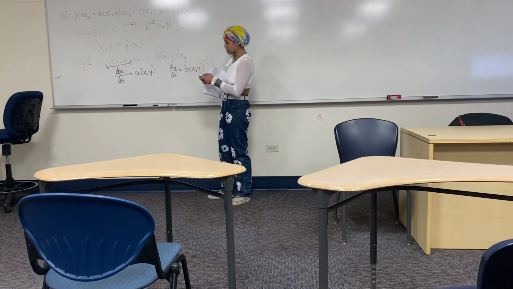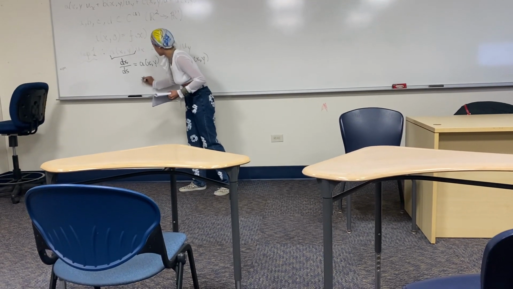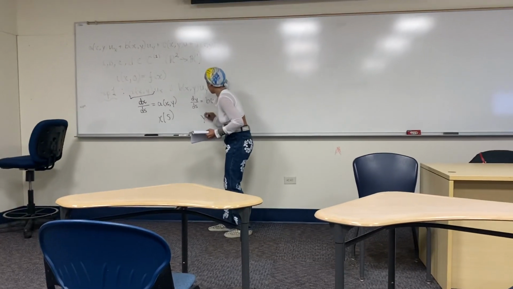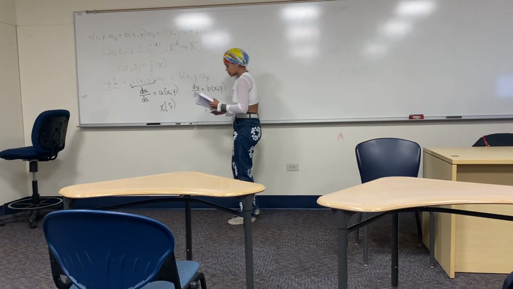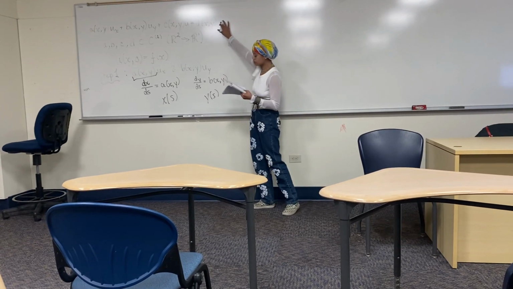Now, why we do this is because the solution to these, which ends up being x as a function of s and y as a function of s, these are called the characteristics of this PDE.